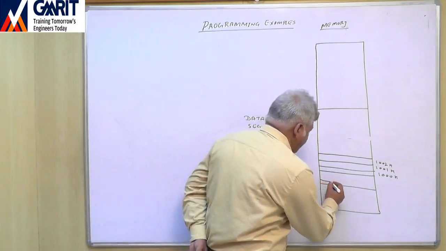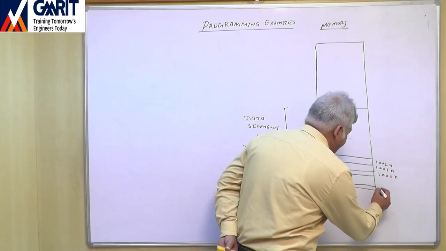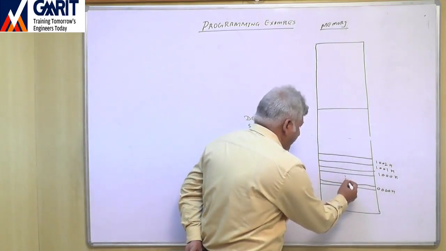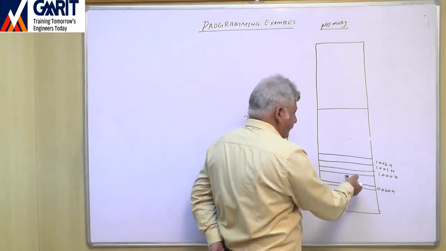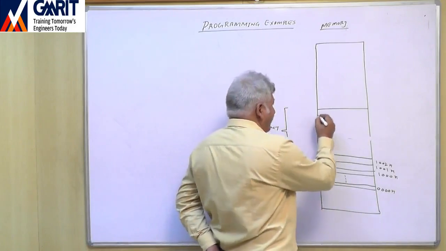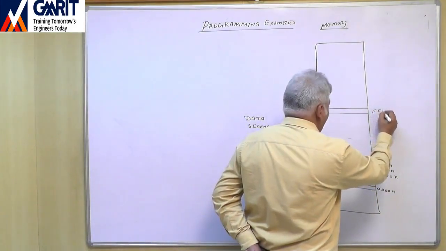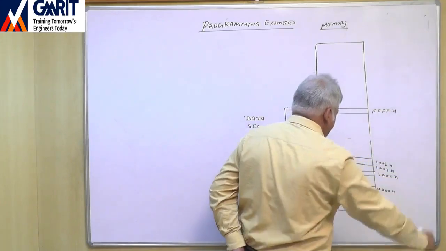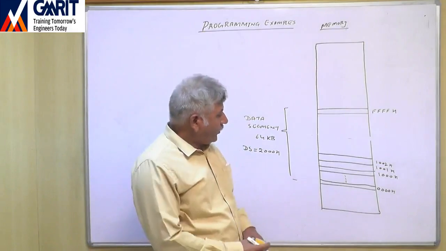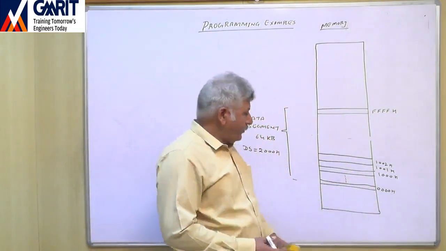This is the first offset address of our data segment, 0000H, right? After some time we will get these offset addresses, and the last offset address will be FFFFH.